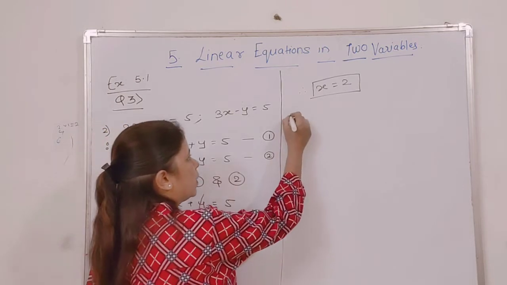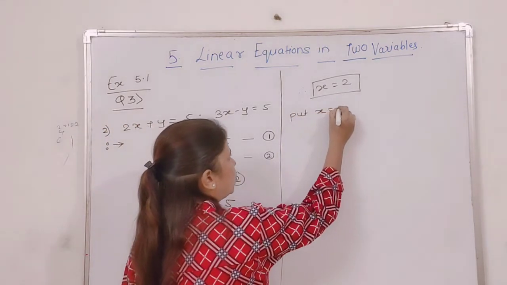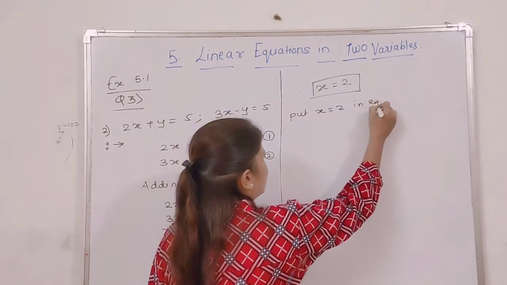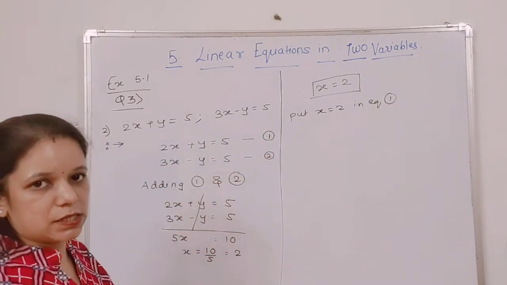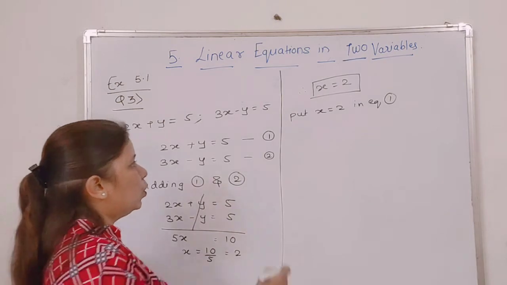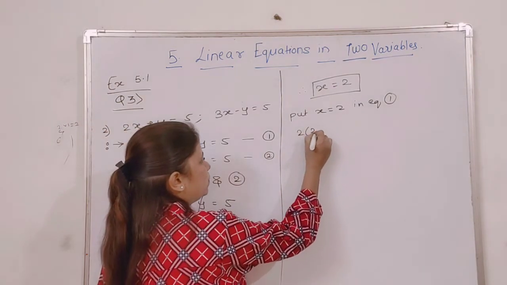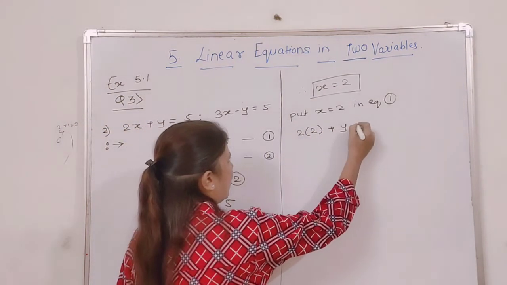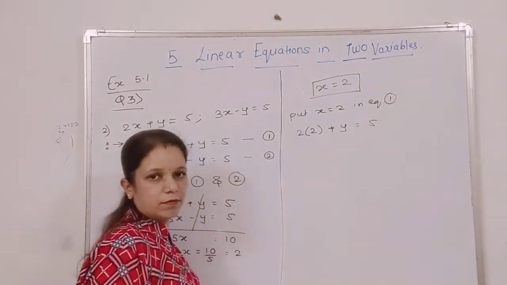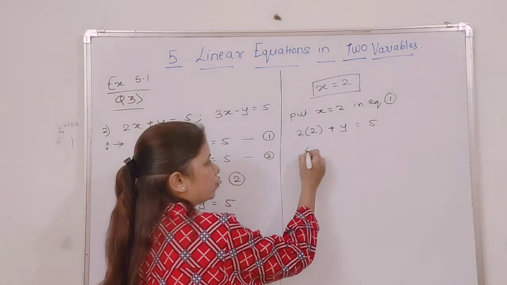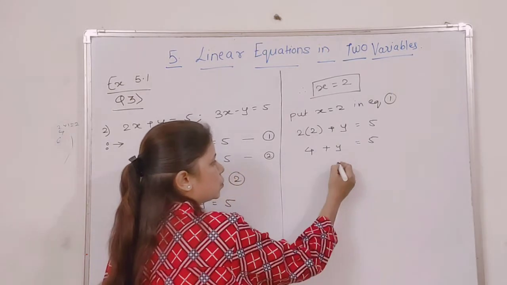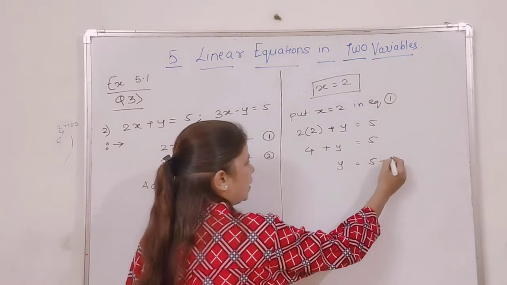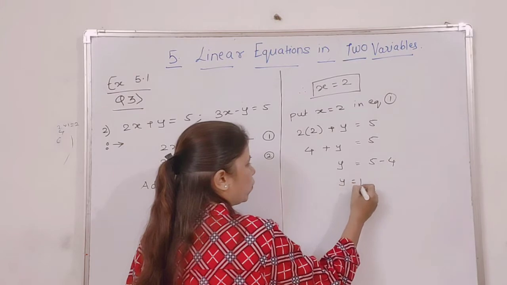So put x is equal to 2 in equation 1. So 2 into 2 plus y equal to 5. Now 2 into 2 will come to 4 plus y equal to 5. So y equal to 5 minus 4, y equal to 1.